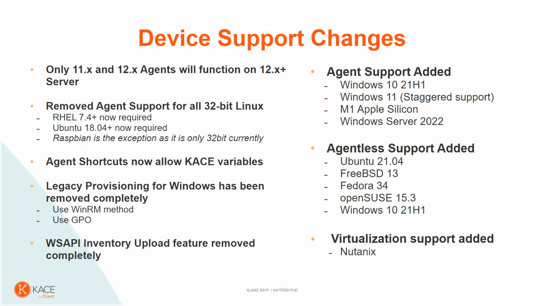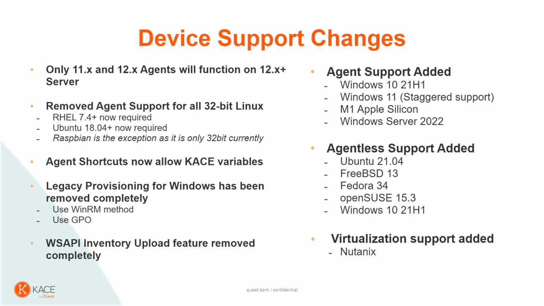The version 12 agent adds support for Windows 10 21H1, Windows 11, which it is worth mentioning portions of Windows 11 support will be staggered. The agent supports Windows 11, but some features like patching and Windows feature updates have not been certified for proper functionality as of the version 12 release date.